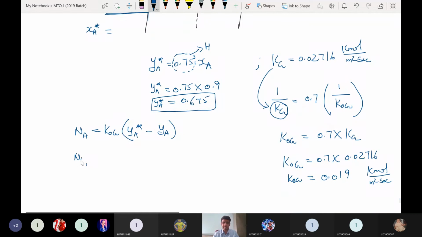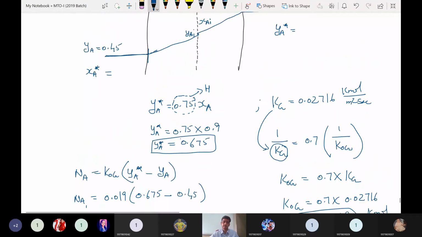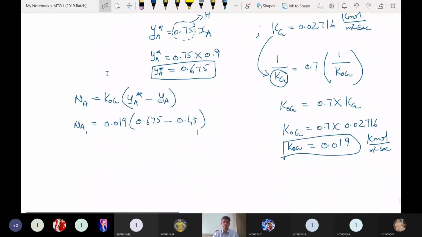Therefore we can substitute: NA is equal to Kog, which is 0.019, into YA star 0.675 minus YA 0.45. Therefore NA you will get in kilomole per meter square second.